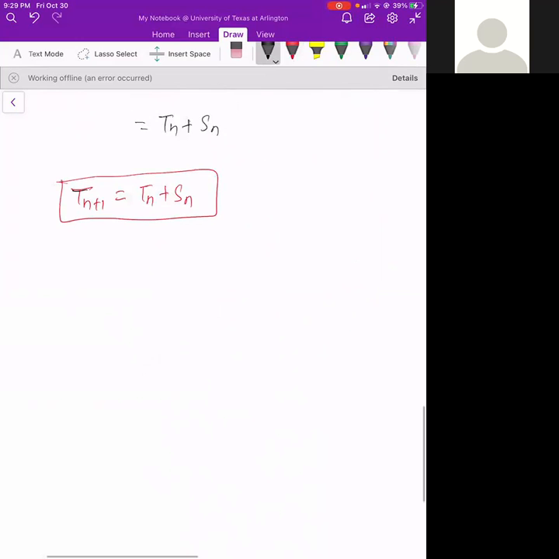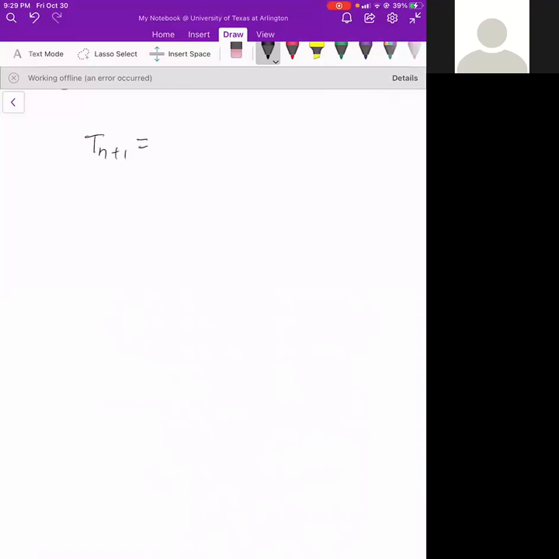Now our process is not yet complete. Now we are going to start by splitting the Tn plus 1 from the last term. If we split it from the last term, we will get something like this. So 2n plus 1, k equals 0 to n minus 1, to the power n plus 1 minus k times k, plus minus 1 to the power n plus 1 minus n plus 1 times n plus 1.